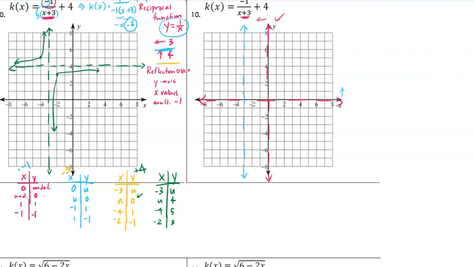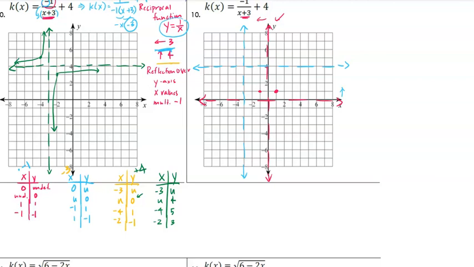And then that horizontal asymptote is going to go up 4. Then you can take this point right here, 1, 1. That point is going to reflect over the y-axis right here.